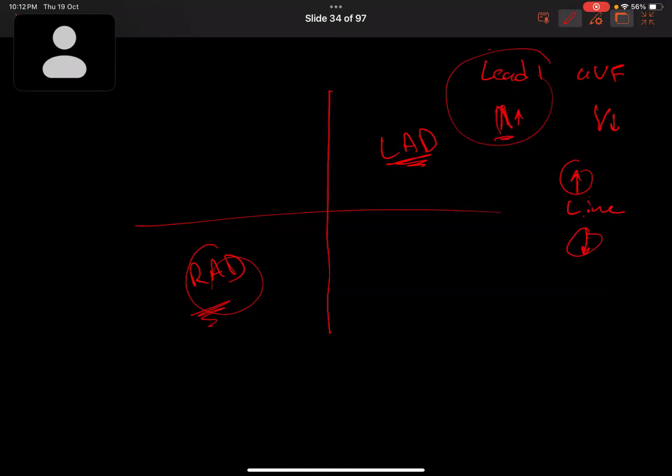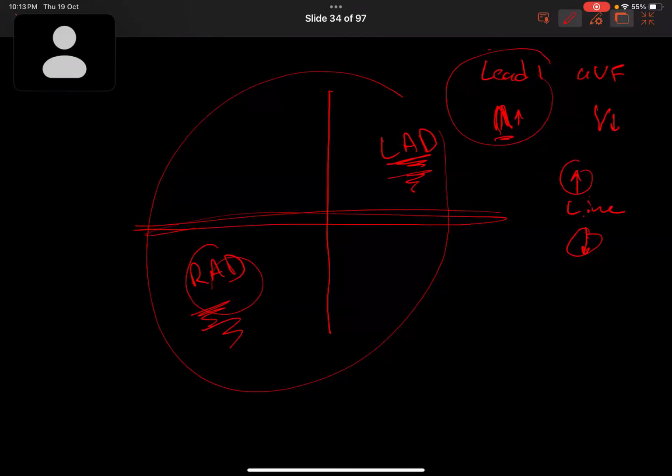If the R wave is facing upwards, then you go back to the circle and see which one is above the line. I'm talking about this line. Which is above this line? Is it the left axis or the right axis? Left axis. Yes. So it's above, as in it's upwards. So you know that the R wave has to be facing upwards.